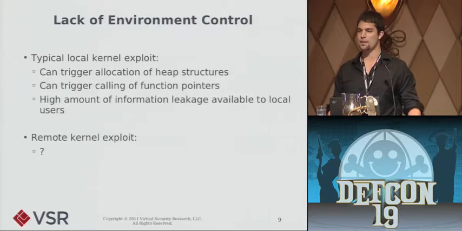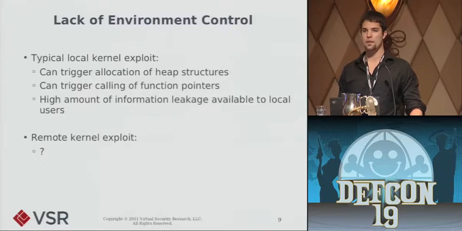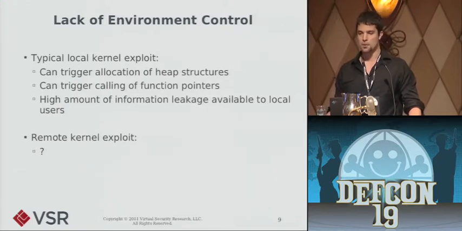And finally, there's this huge silver platter of information the kernel gives you if you're a local user through interfaces like, on Linux, the proc file system, that will really help you find out where things are in kernel memory and help target your attacks. If you're dealing with a remote kernel exploit, you don't actually have any of those capabilities right away. But we may see how you can build them up from other exploitation primitives you might have.